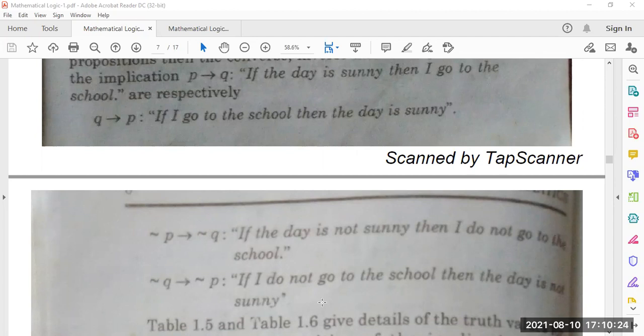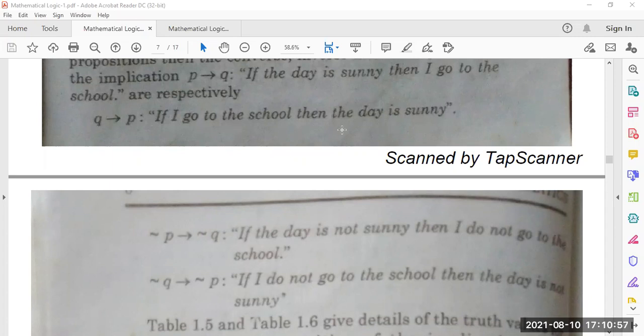Is it understood? Here we are taking two propositions, one for P and another for Q. Then we just analyze the conditional, contrapositive, inverse, and converse. From this statement we can find out, first one, P implies Q: if the day is sunny, then I go to the school. It is very good. If I go to the school, then the day is sunny. Is it true?